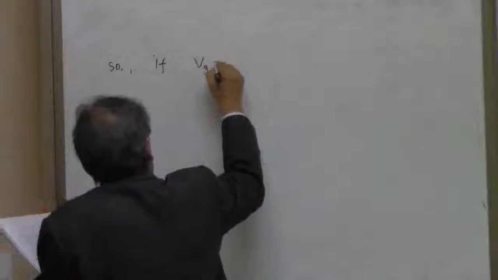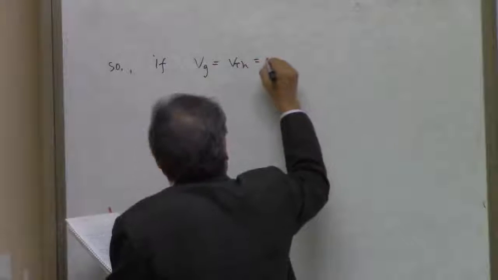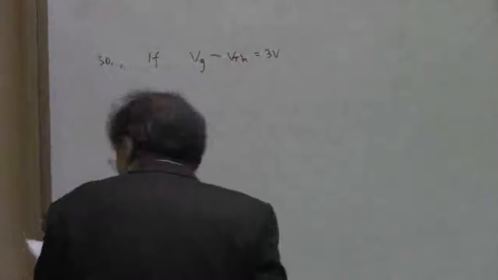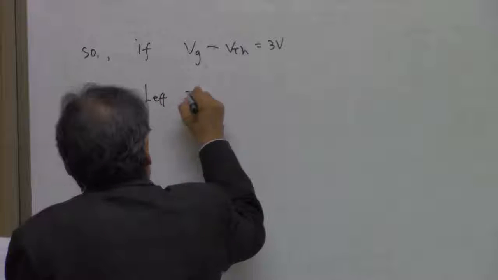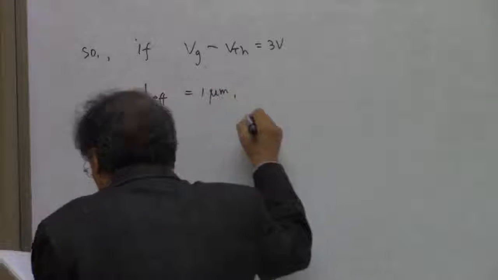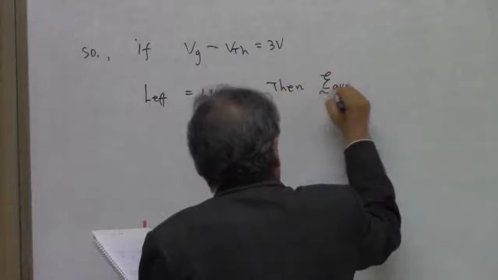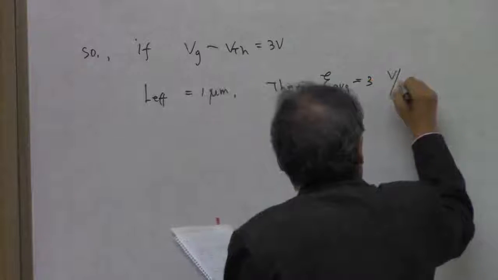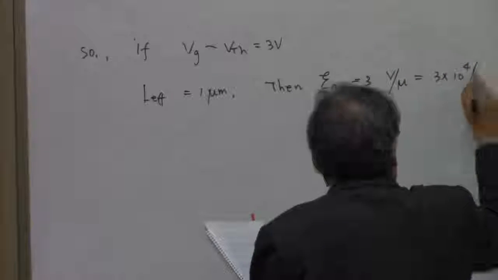So if now gate voltage and threshold voltage become the same, threshold voltage is 3 volts and effective length is 1 micron, then the average electric field now becomes 3 volt per micron, which is 3 times 10 to the 4 volts per centimeter.